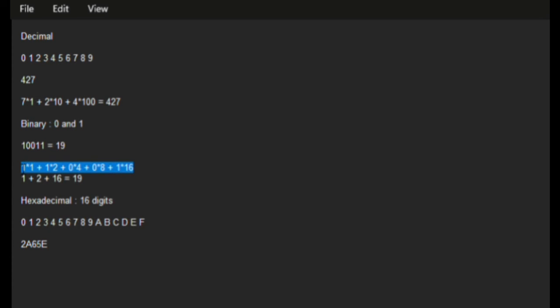So if we add these up, we get 1 times 1, 1 times 2 would become 2. And these become 0, so we don't consider them. And then there's 1 times 16. 1 plus 2 plus 16 is 19 in decimal. So the binary number 10011 is equal to the decimal number 19.